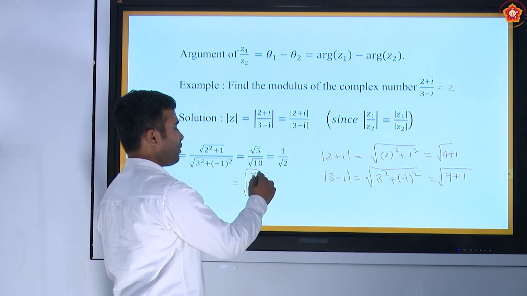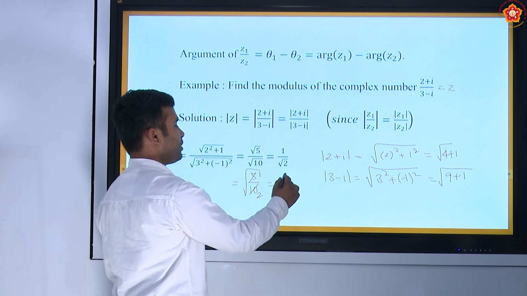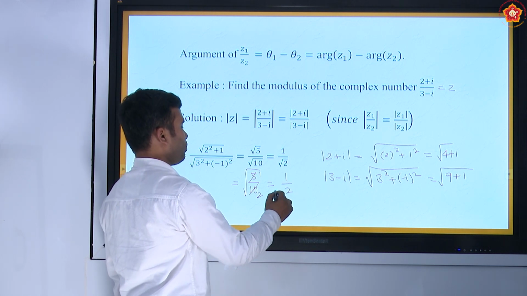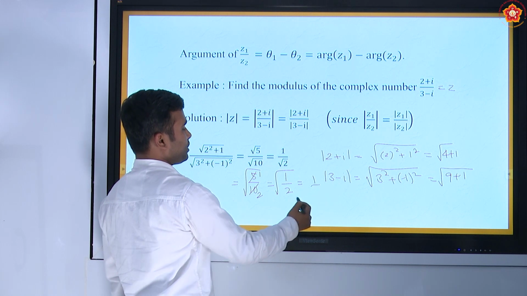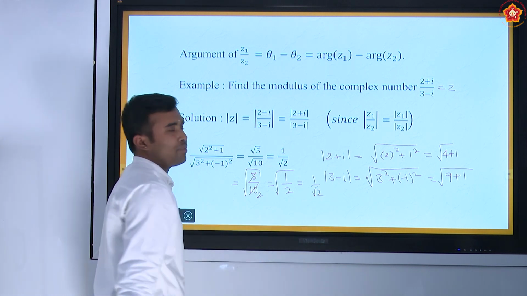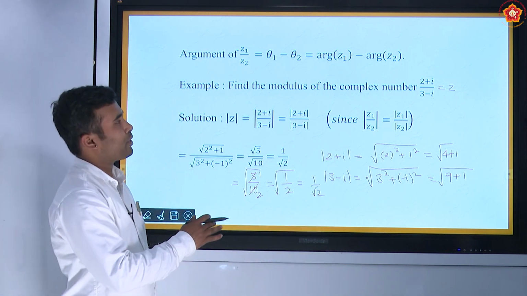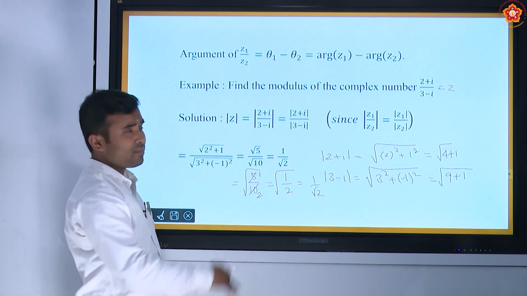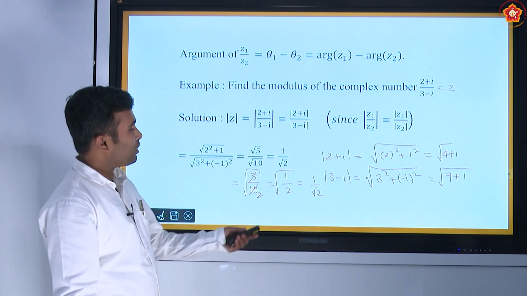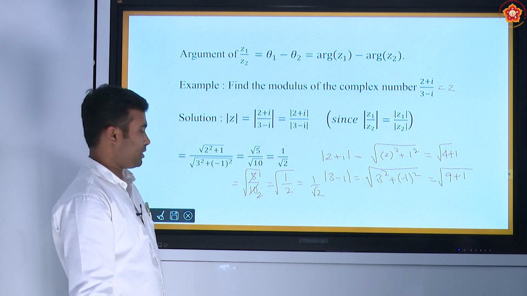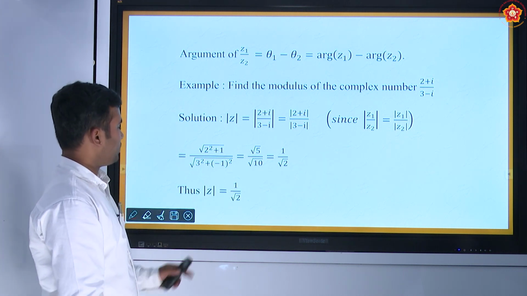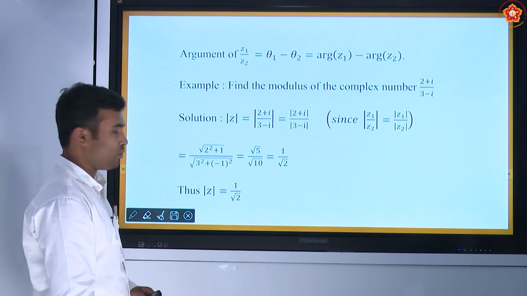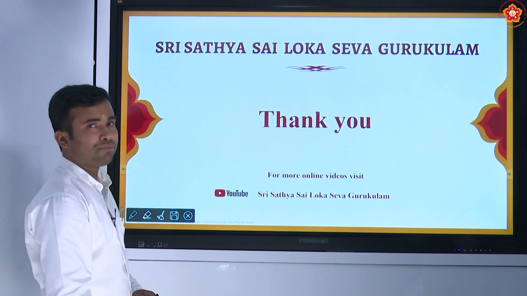So 5 ones are 5, 5 twos are 10, which is equal to 1 by 2. So this can be written as square root of 1, which is 1, and the square root of 2. This is how we find the modulus of the given complex number. Thus, modulus of z is equal to 1 by root 2.